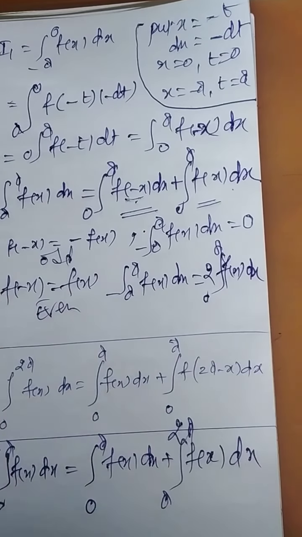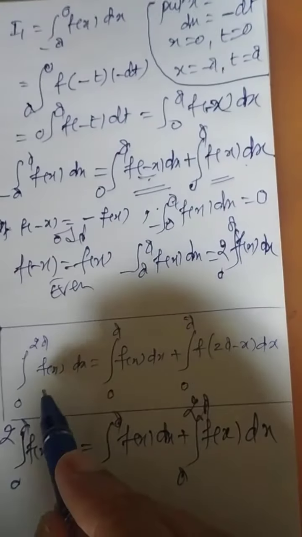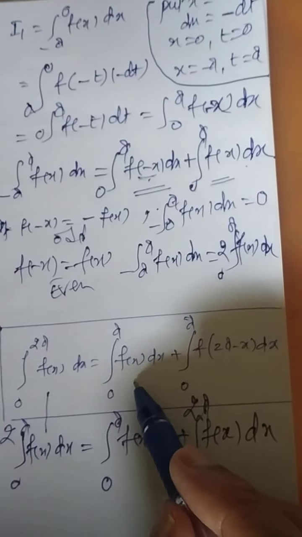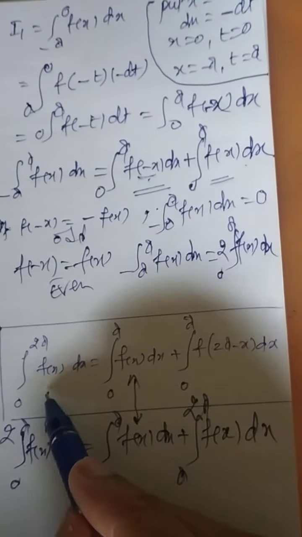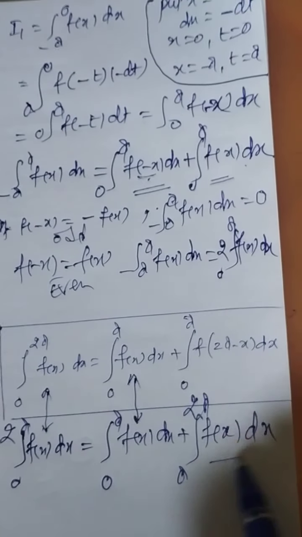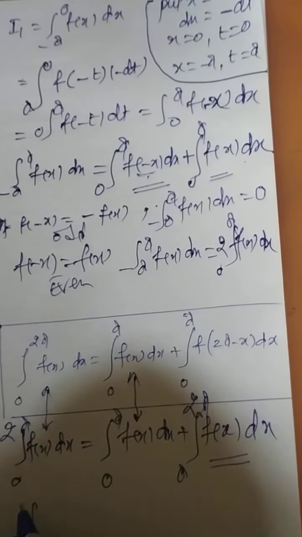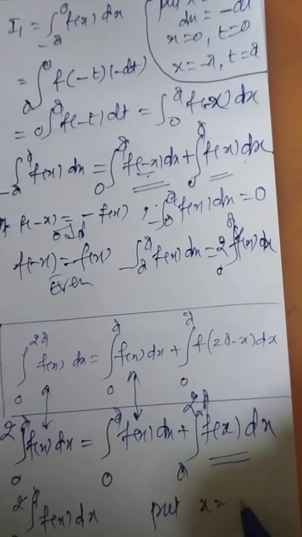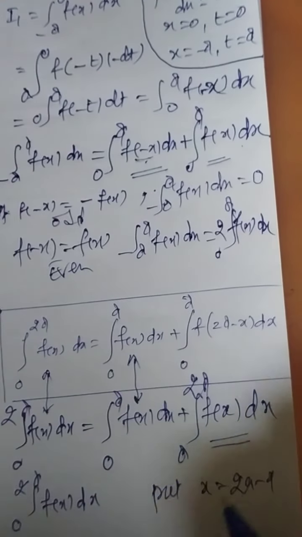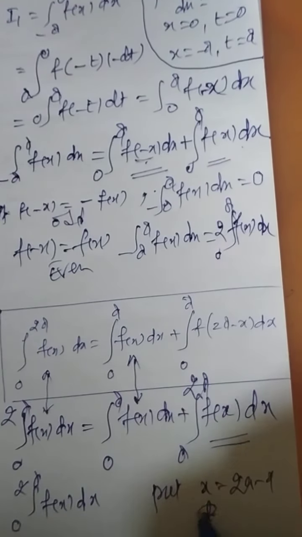So far it is okay. Now I have to manipulate and change this second one only. How to change it? What I will do, in the integral from a to 2a of f of x dx, is put x equal to 2a minus t. So this is the replacement.